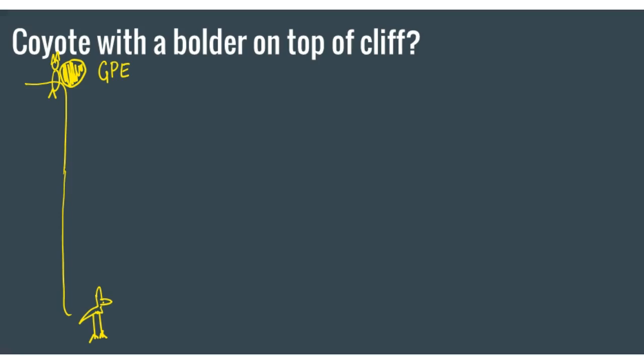He's got gravitational potential energy in that boulder. He's going to turn it into energy that's moving on the way down. So that's going to be motion energy, or kinetic energy, with motion in it. Okay?